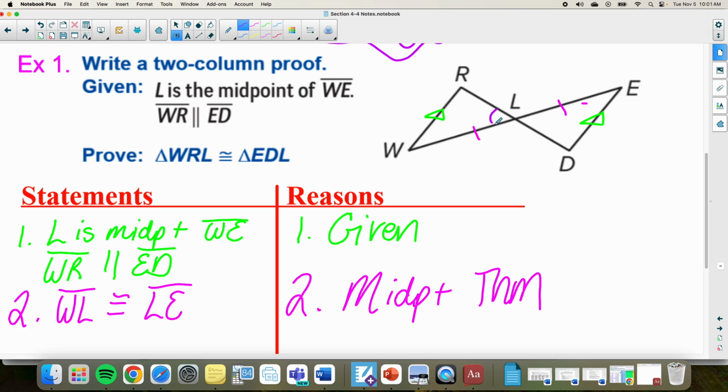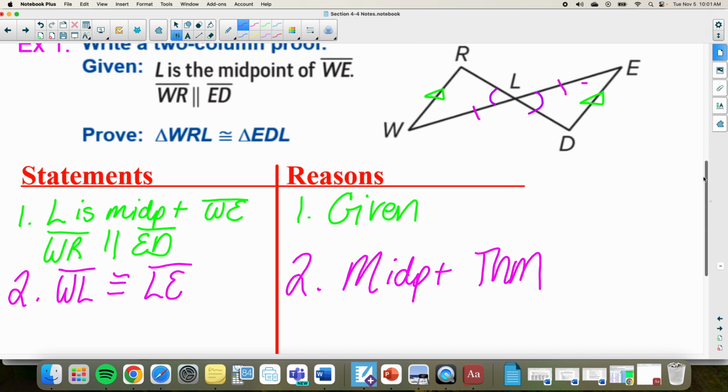Vertical angles, very good. And in this proof, I don't want to say too much because once I teach all of today, you could do this proof two different ways. But for right now, we only know angle, side, angle, so that's why I'm doing that step first.